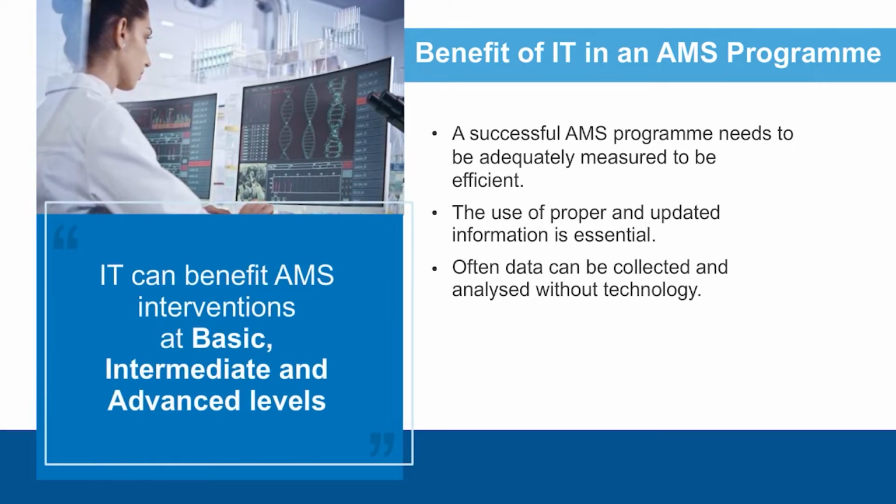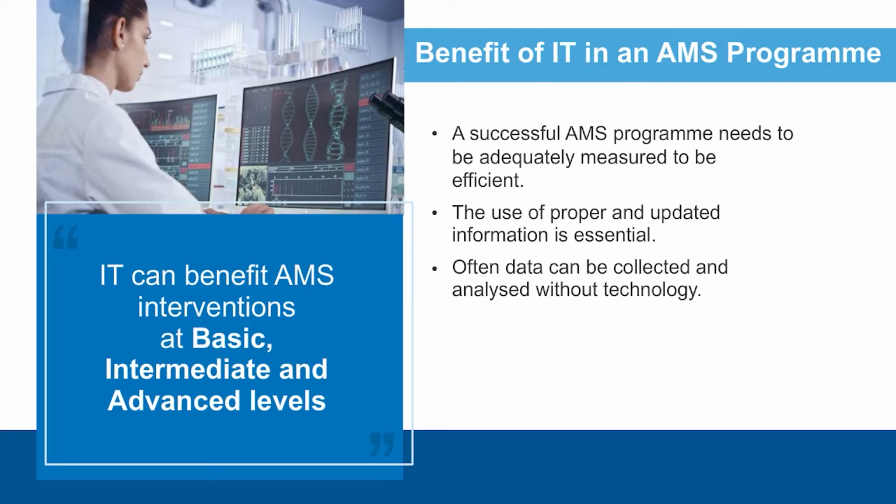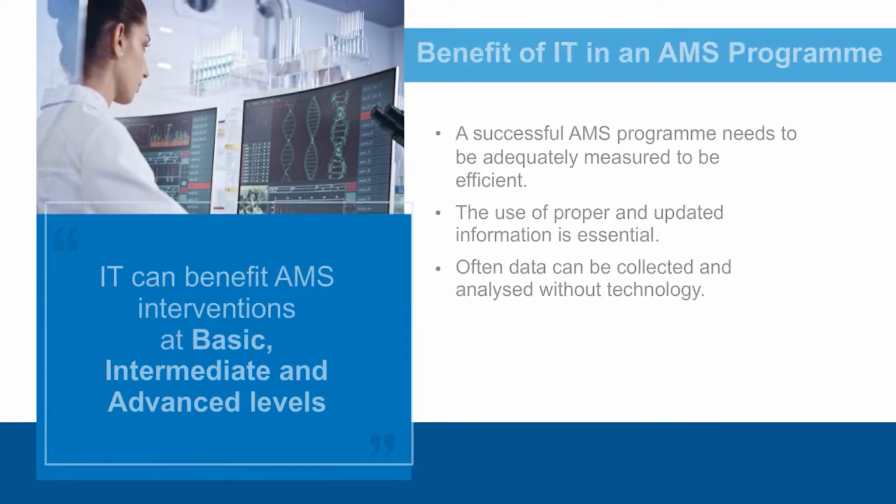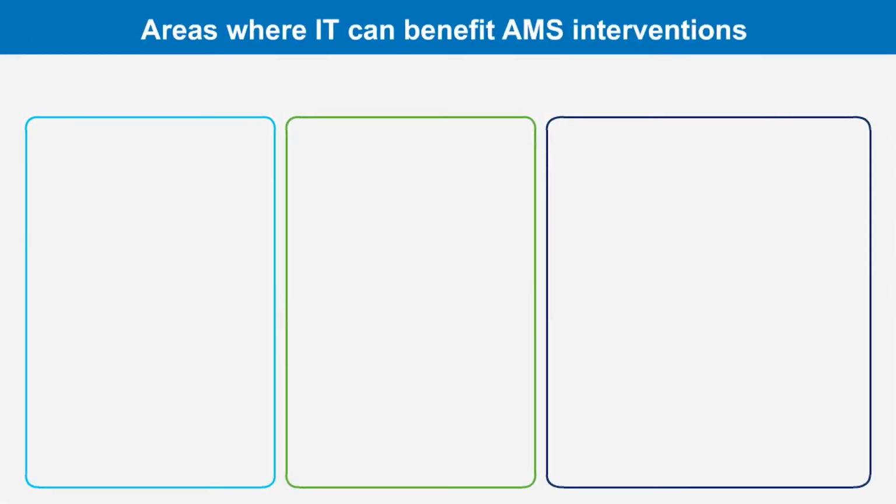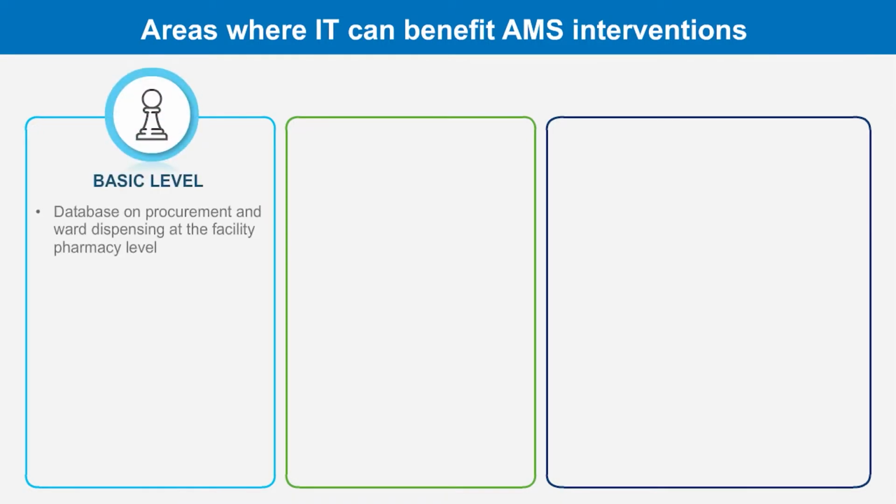IT can benefit AMS interventions at basic, intermediate and advanced levels. At the basic level, IT can help create database on procurement and ward dispensing at the facility pharmacy level, database of AMR surveillance in different units.